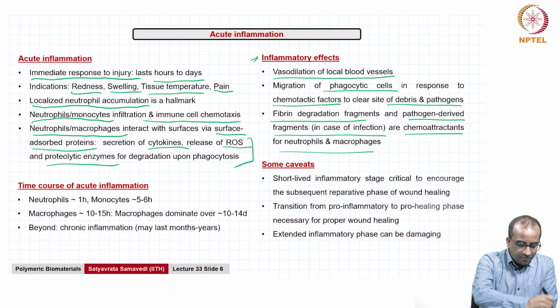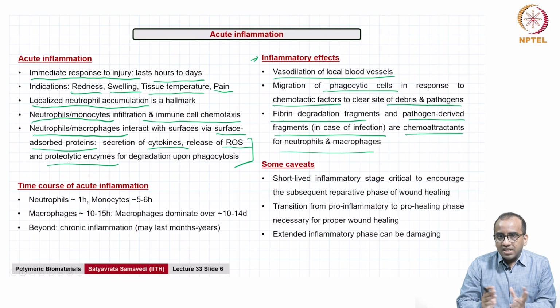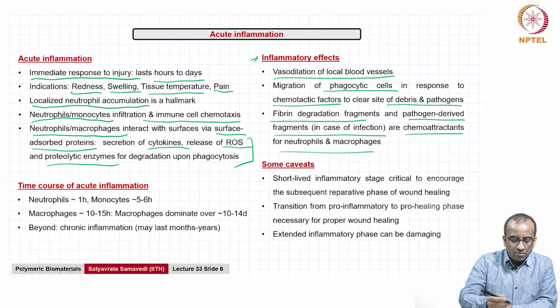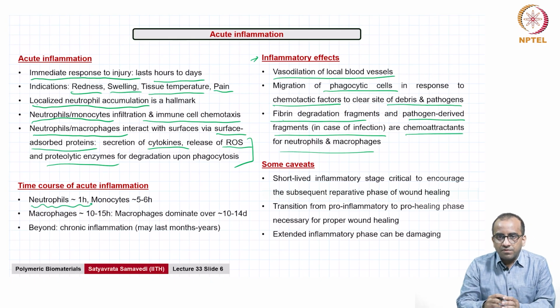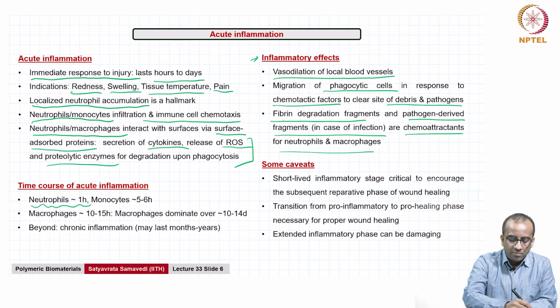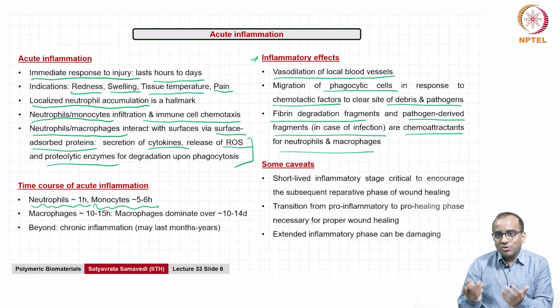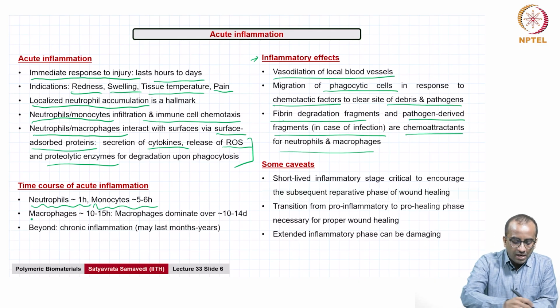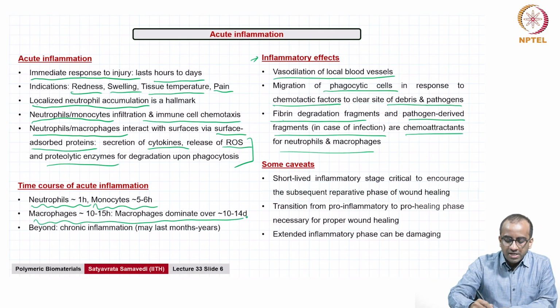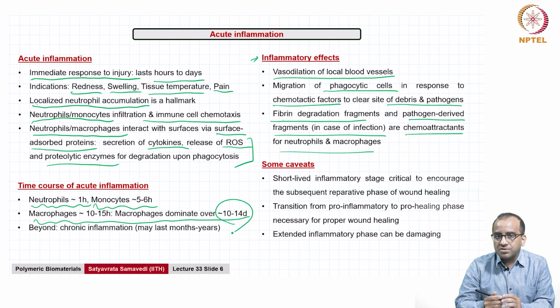And in terms of the timelines and the acute inflammation itself, what we note here is typically within an hour or so, you have neutrophil infiltration and monocyte infiltration happens within a few hours thereafter. And once the monocytes have infiltrated, they typically differentiate into macrophages, and macrophage responses dominate over a week to 2 weeks, right?